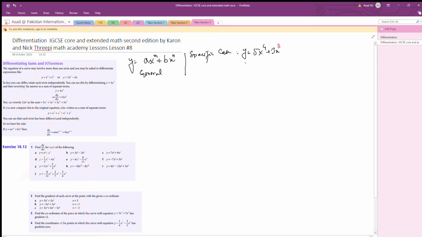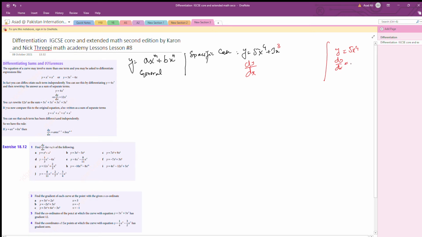Now see what to do. I will say dy dx. If y is equal to 5x power 4, then dy dx is 20x power 3, we know the rule.